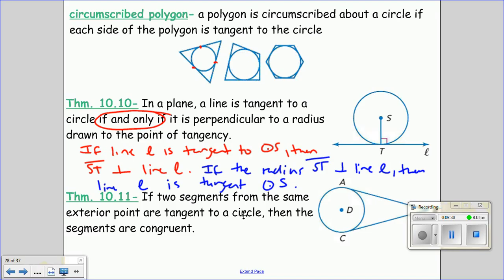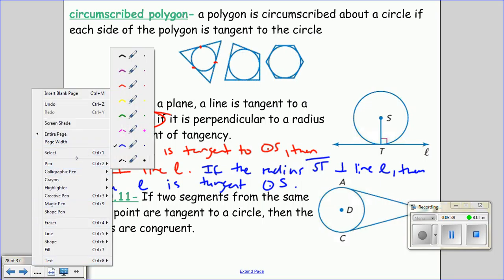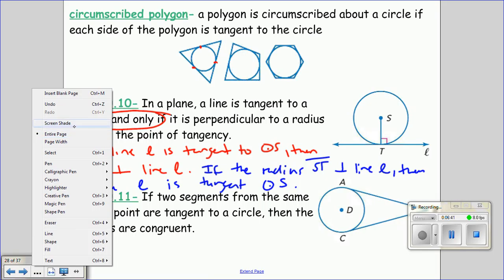Alright, on to theorem 10-11. If two segments from the same exterior point are tangent to a circle, then the segments are congruent.